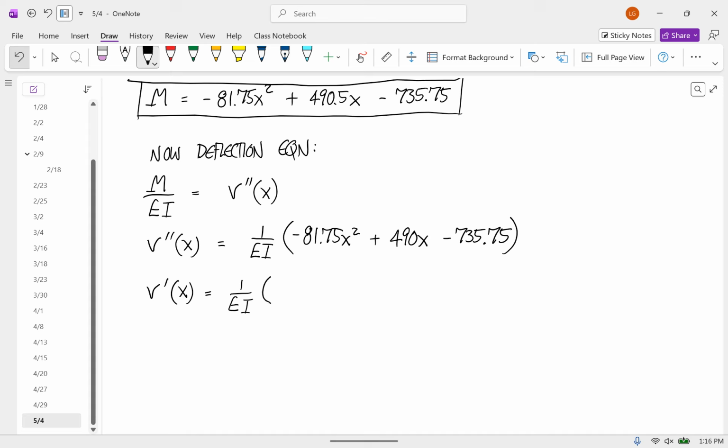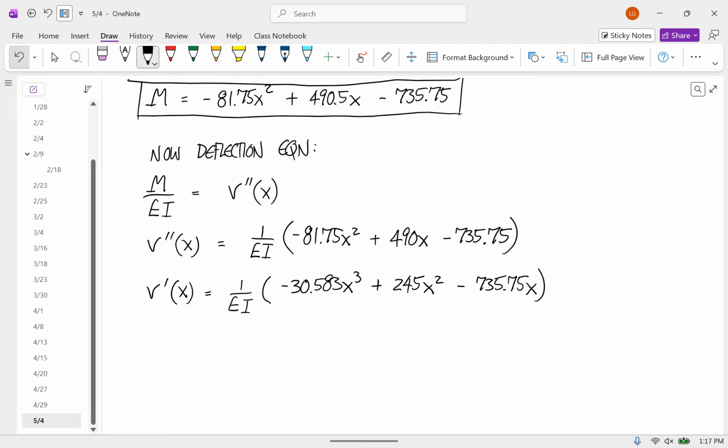And so integrate this first one, and you get negative 30.583x cubed plus 245x squared minus 735.75x.